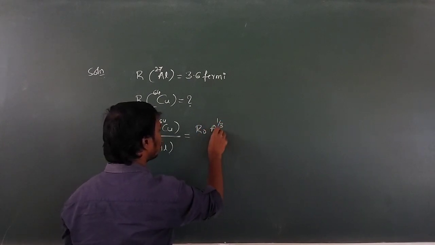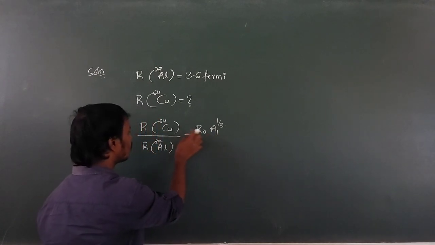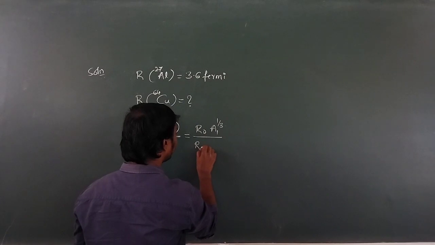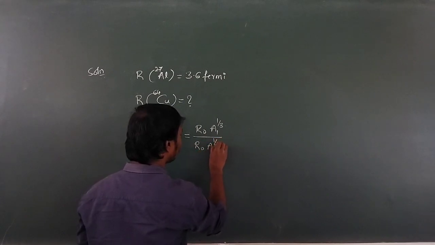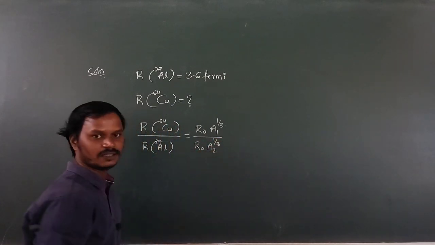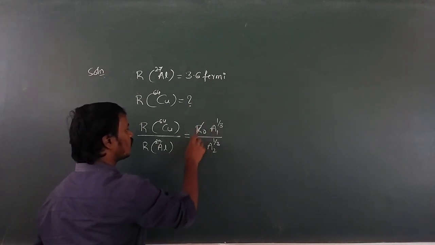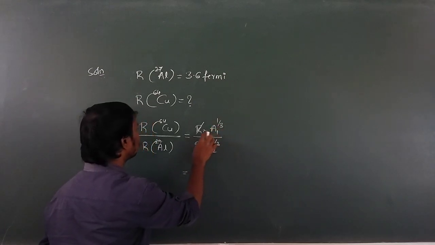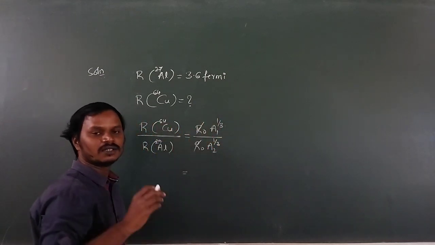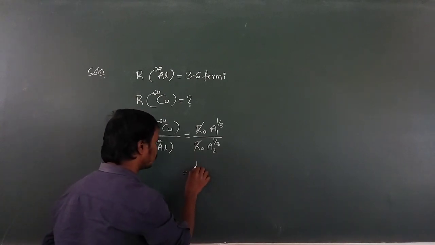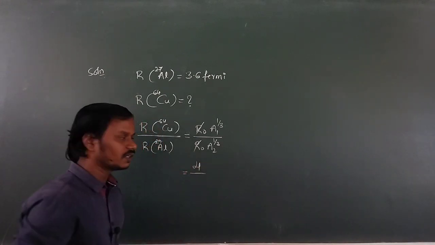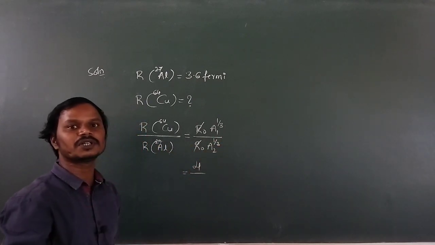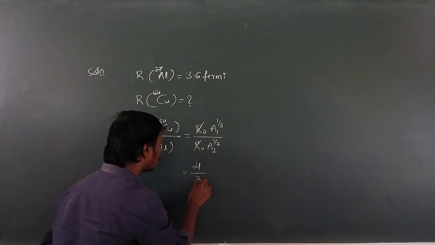A1 is the mass number of copper, divided by R0 into A2 to the power of 1 by 3, where A2 is the mass number of aluminum. Now let us substitute the values. R0 gets cancelled. A1 raised to 1 by 3 means 64 raised to 1 by 3; the cube root of 64 is 4. A2 raised to 1 by 3 means 27 raised to 1 by 3; the cube root of 27 is 3. So it is 4 by 3.